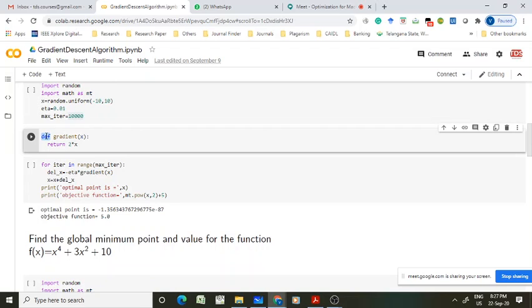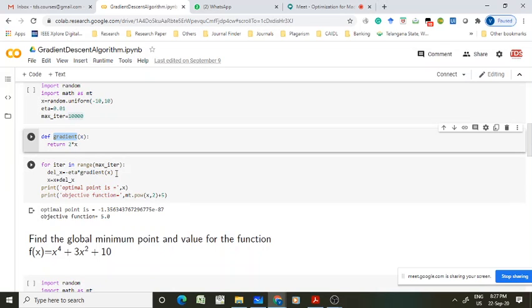Def means we are defining a function, and you have to give some name to your function and pass some inputs. So I am passing the input x. What will this function return? It will return 2x. That is the gradient.